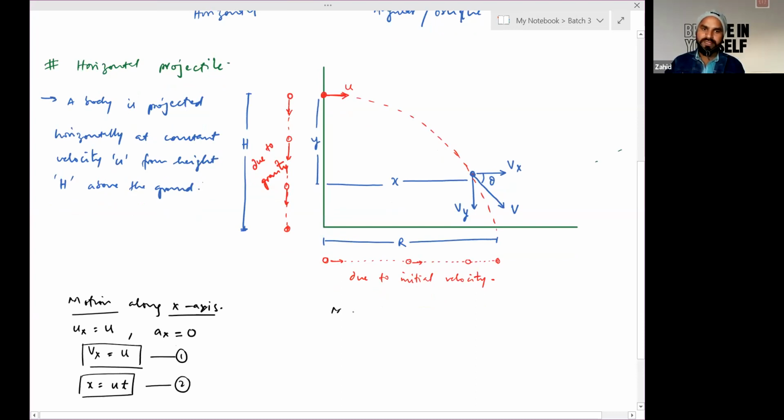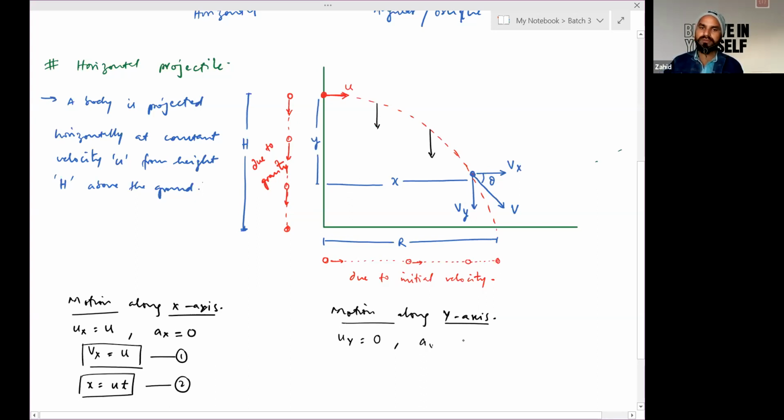Similarly, if we define its motion along y-axis, since initially the body is projected horizontally, there will be no initial y component, and at each instant it is acted on by gravity so that it moves in the downward direction.